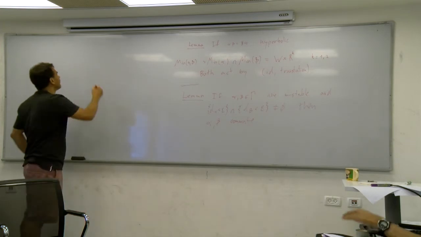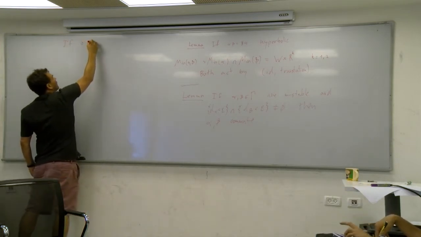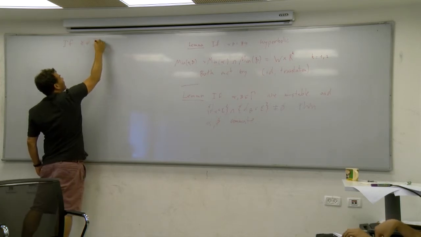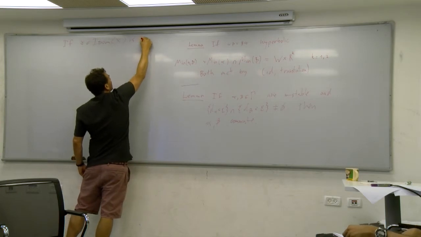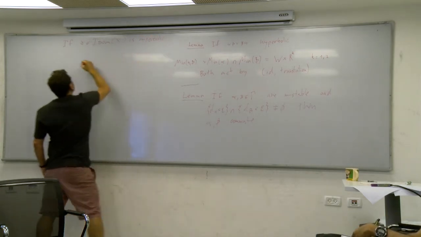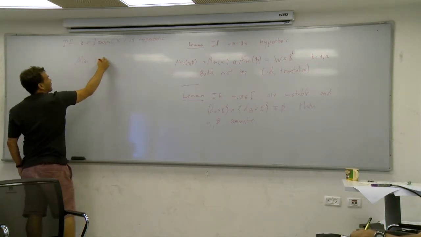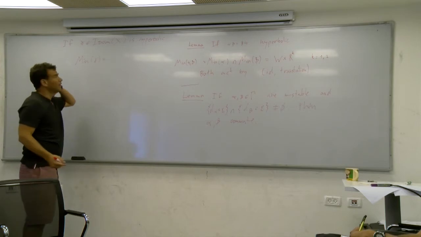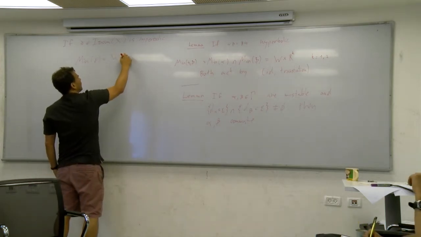If gamma is hyperbolic, then min gamma is a totally geodesic submanifold. It's a union of axes, of the form, I don't know, W cross R.